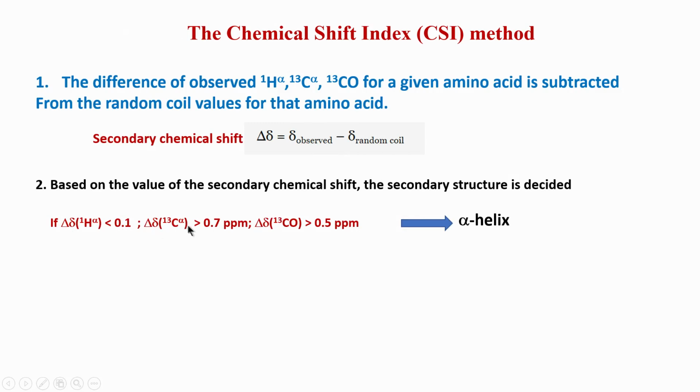If the deviation is like this, then immediately I will say that particular alanine is in an alpha helix conformation. We will see more examples as we go along.